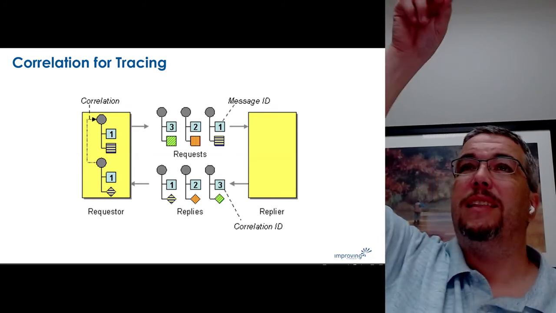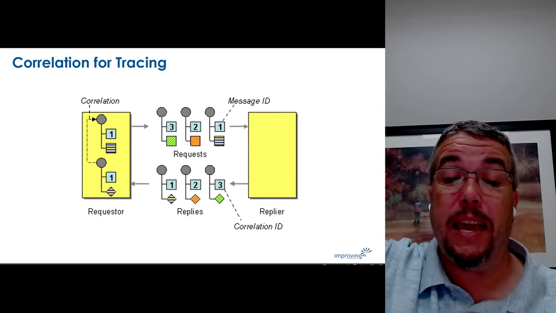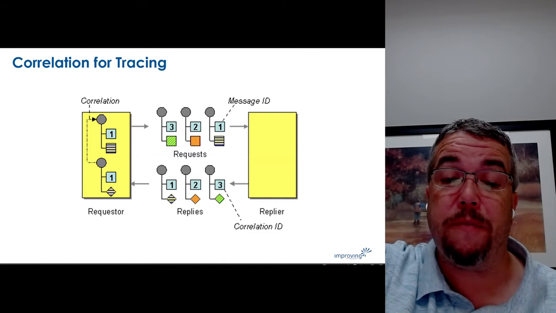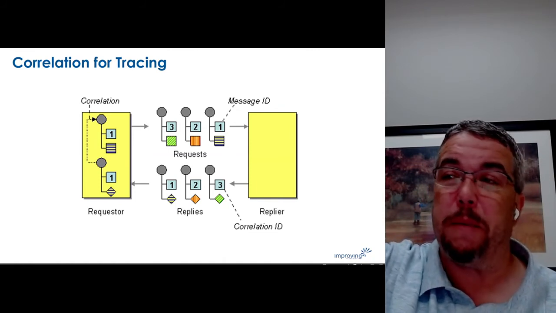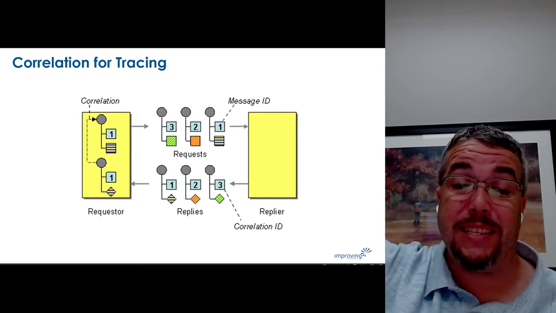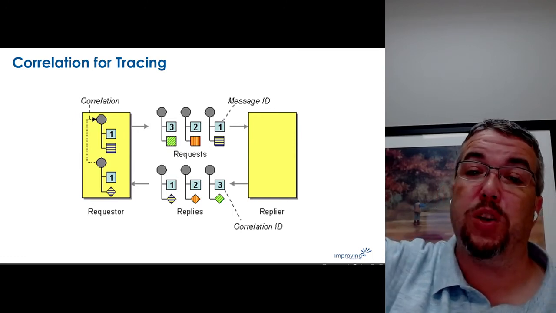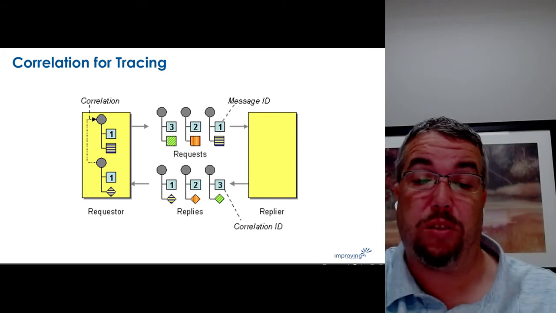Then when the API gateway calls the BFF, it says, hey, here's a service request for you, BFF, correlation is 123. And then when the BFF calls the user service, it passes it along and says, here's a request for you, and our correlation ID is 123.